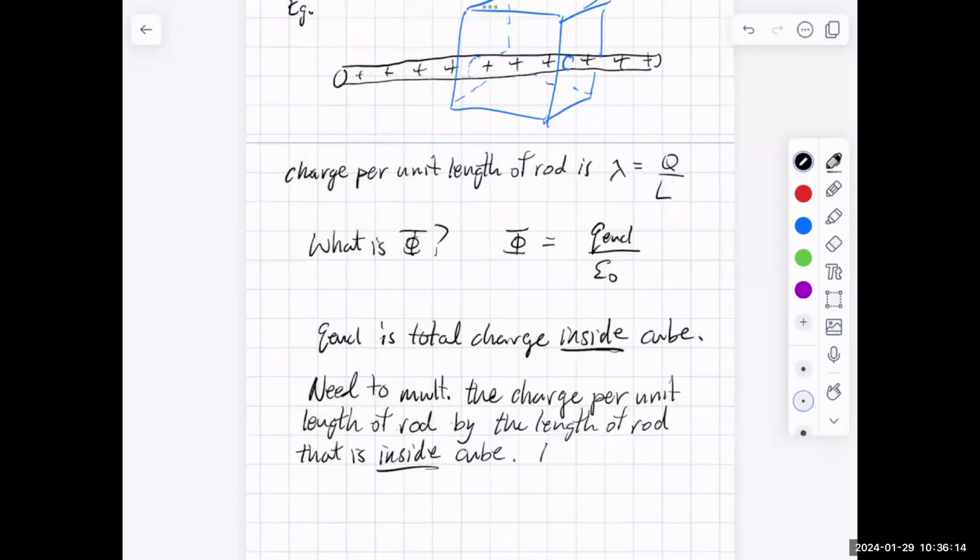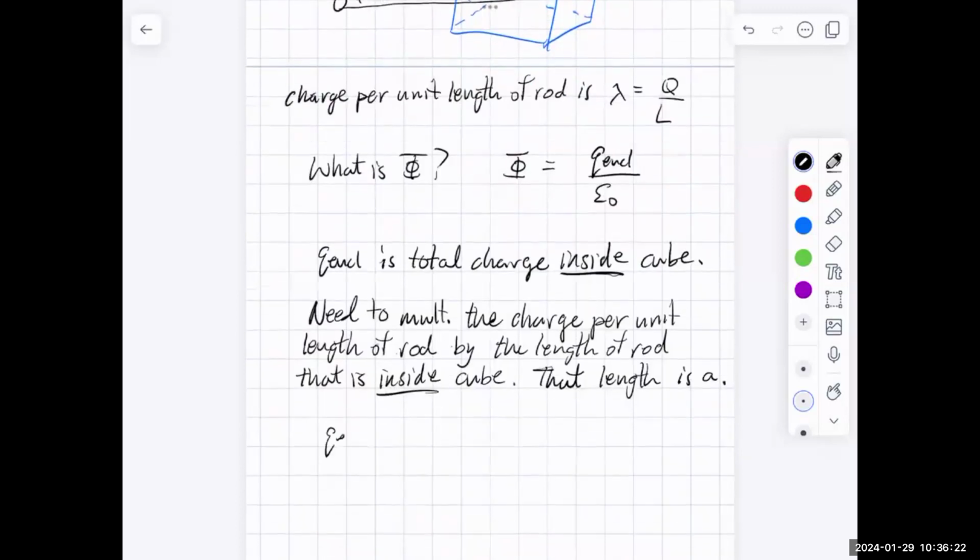That length happens to be A, so Q enclosed is equal to lambda times A, and so the flux is equal to Q enclosed over epsilon naught, or lambda times A divided by epsilon naught.